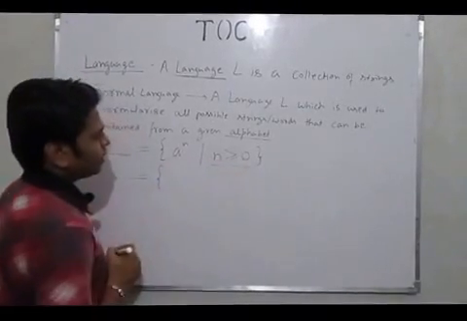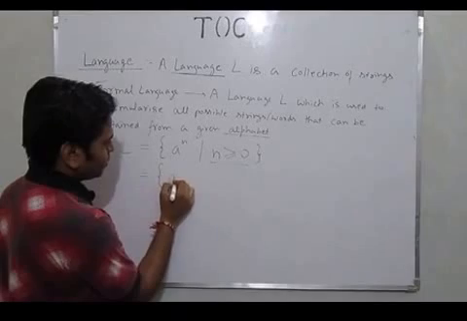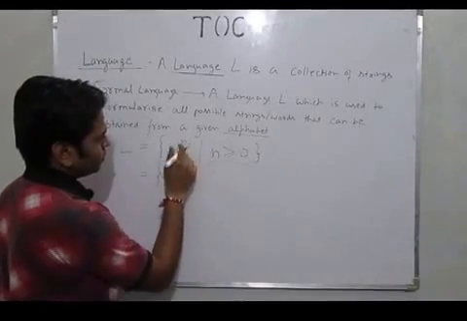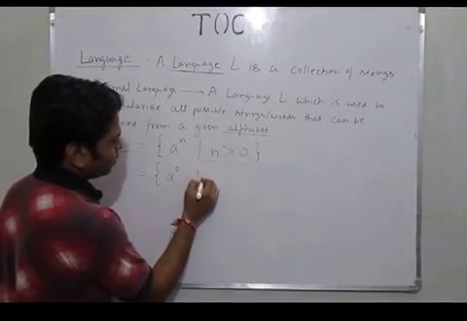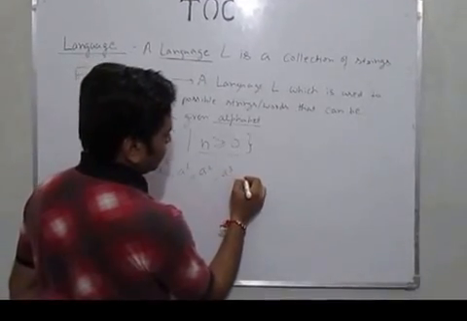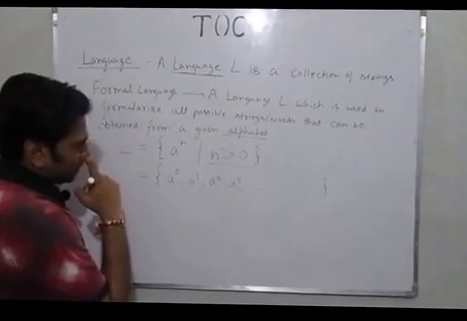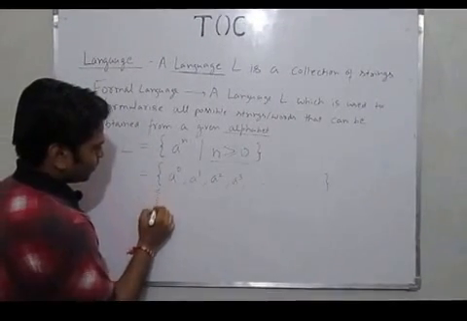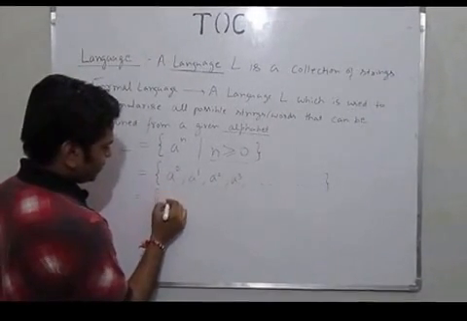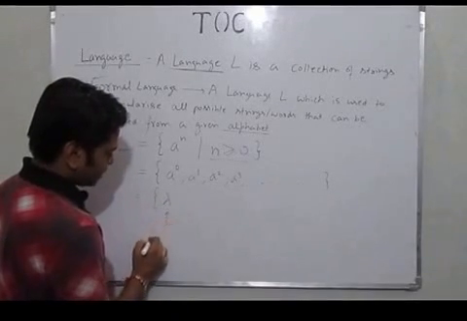So using this identity, what I can simply do is A0, A1, A2, A3 and so on. This A0 is nothing but lambda, which is a fundamental string.